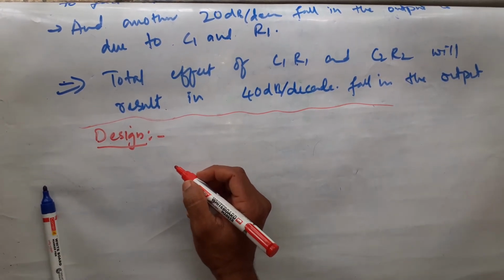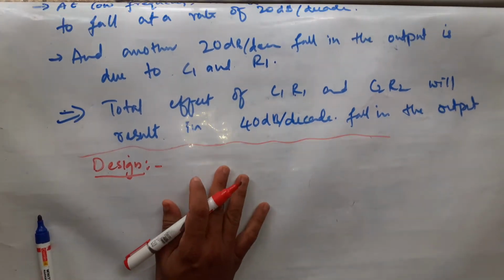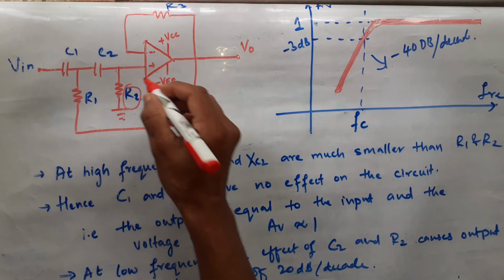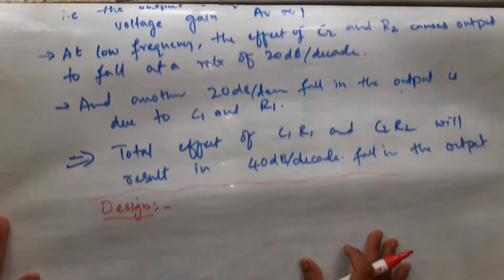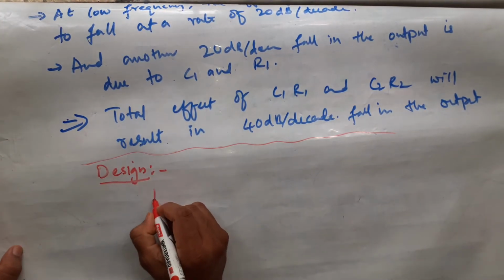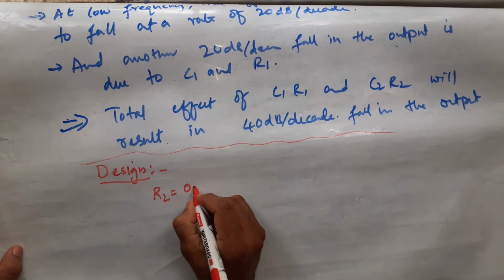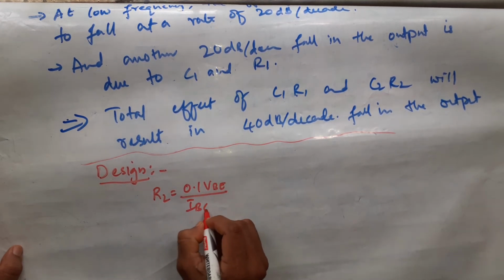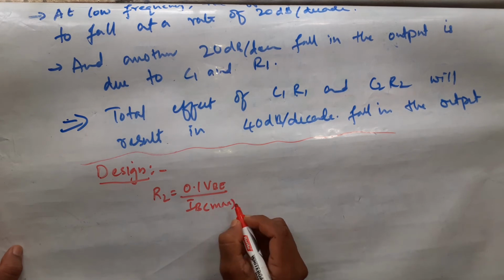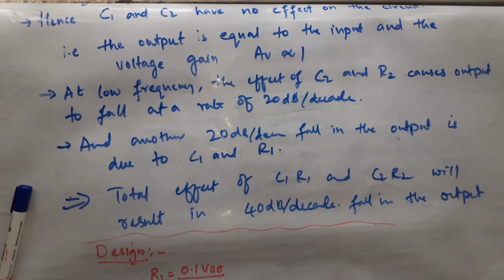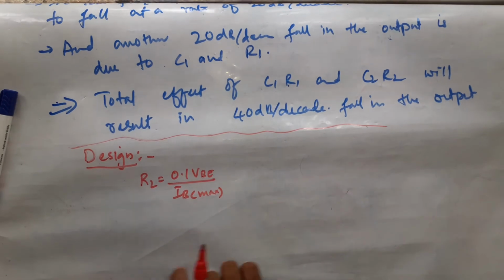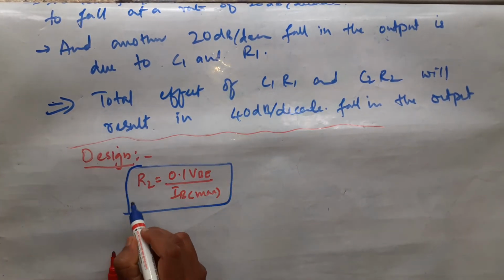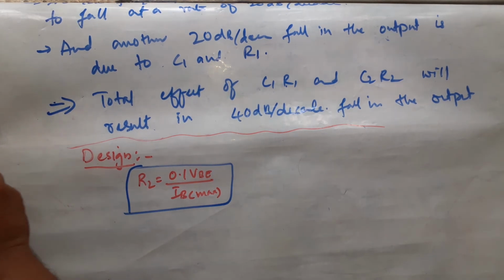What all we have? There is one resistor. This resistor is found out by R2 equals 0.1 VBE by IB max. This is here R2. Next, what we have?